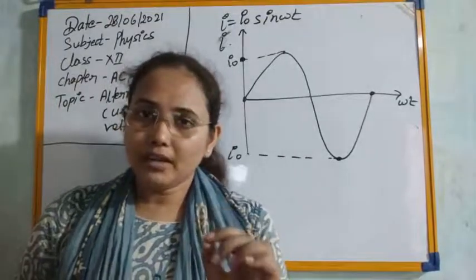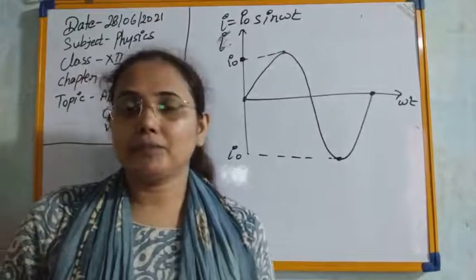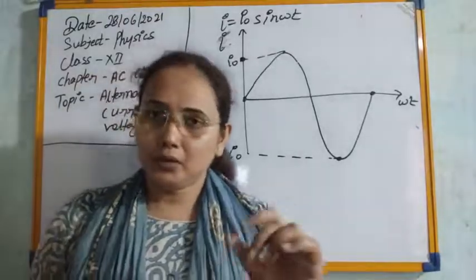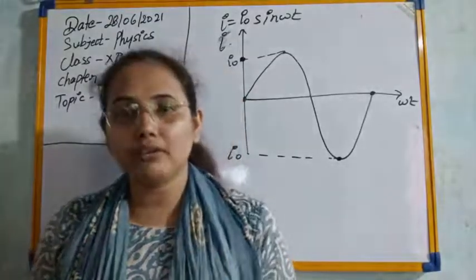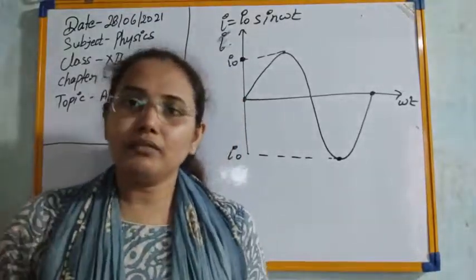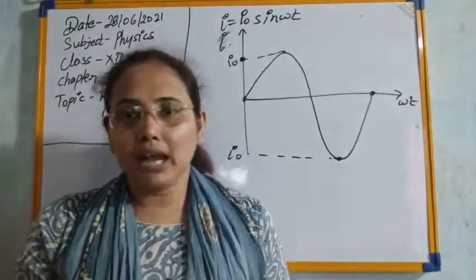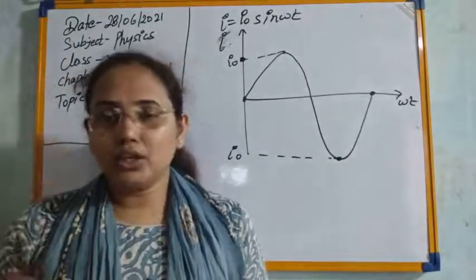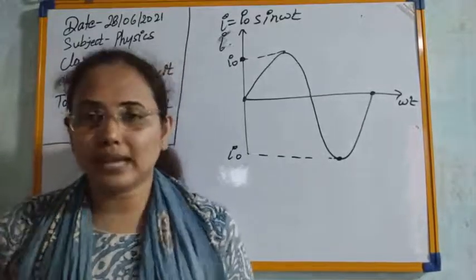From there we start rotating the coil and increase the angle from 0 to 90, then 90 to 180, then 270, then 360. When we reach 360, we have one complete revolution, and the time taken by the coil for that one complete revolution is known as its time period.